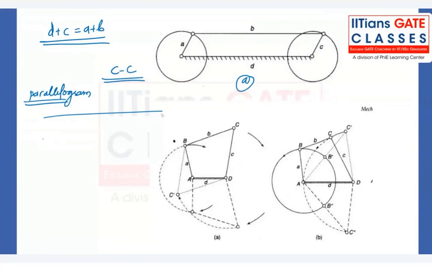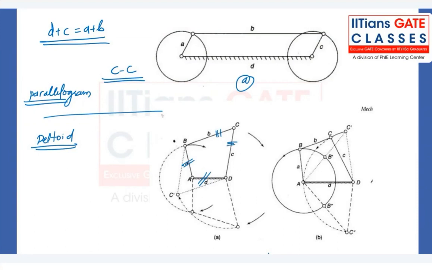In the deltoid case, we have adjacent links of the same size. So here links A and D are of the same size, right? And links B and C are of the same size. So this is the deltoid case.